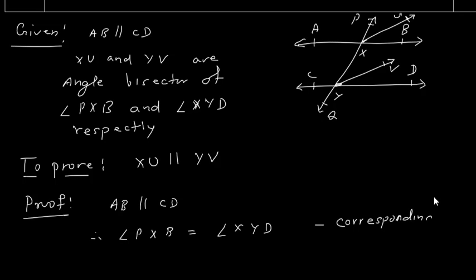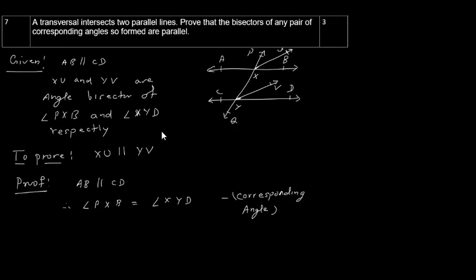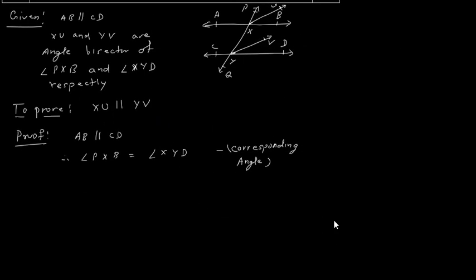You say corresponding angle axiom or just say corresponding angle, right? Now AB is parallel to CD, angle PXB is equal to angle XYD.